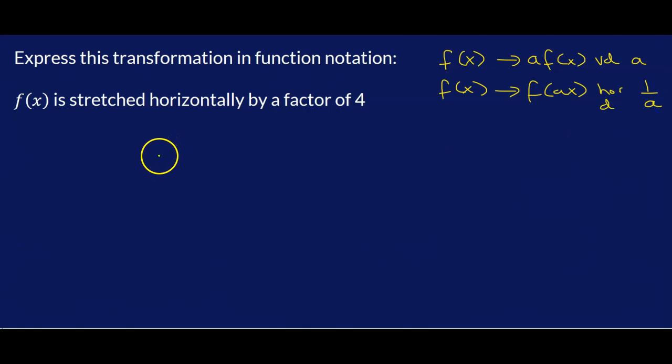Okay, so let's go ahead and try to answer this. f of x is stretched horizontally by a factor of 4. So if the factor is 4, then we're going to have f of x to, remember, any form of horizontal dilation, you're going to be dealing with a fraction.